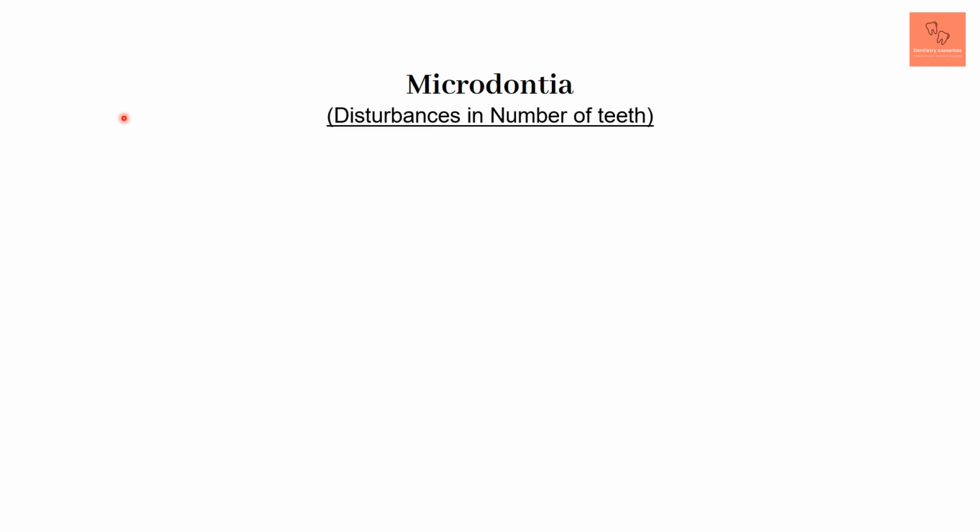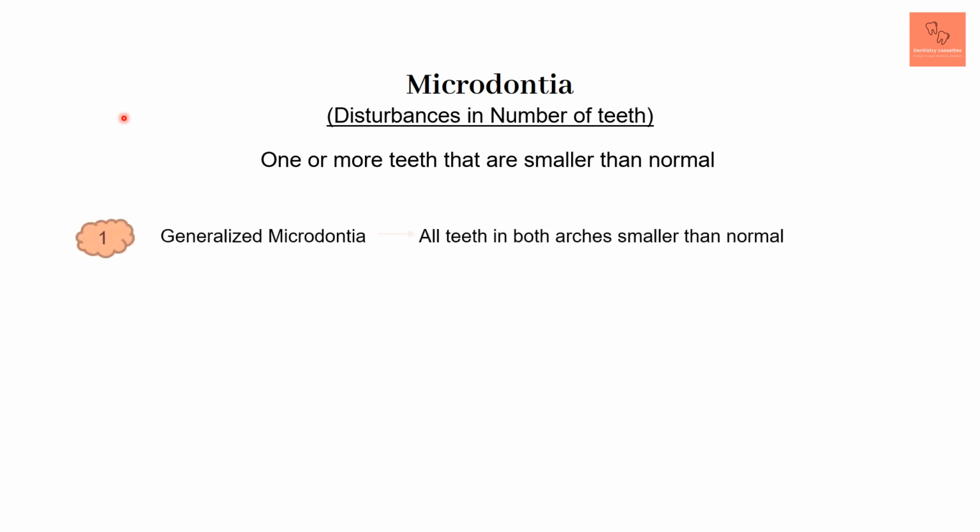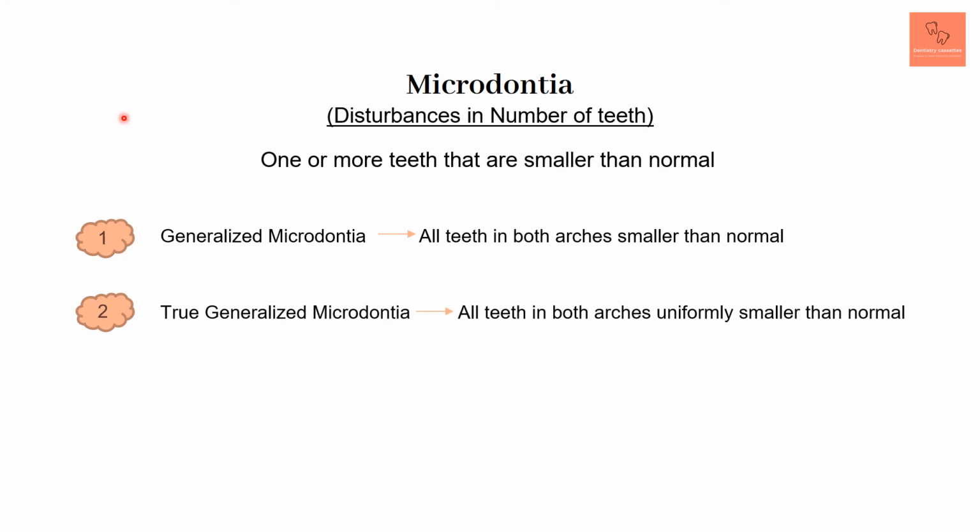Microdontia. Microdontia is when teeth are smaller in size than normal. There are three main types of microdontia. The first is the generalized microdontia, in which all teeth in both arches are smaller in size. The second is the true generalized microdontia, in which all the teeth are uniformly smaller in size.